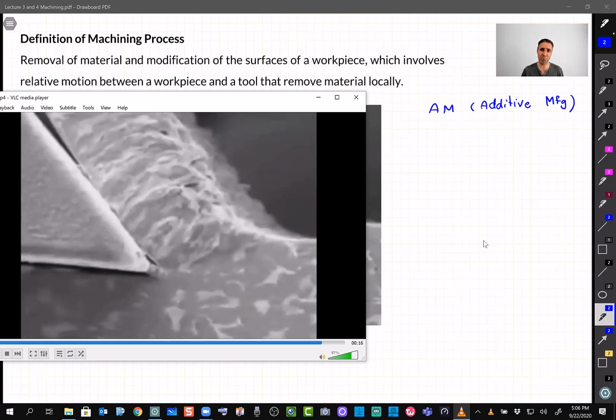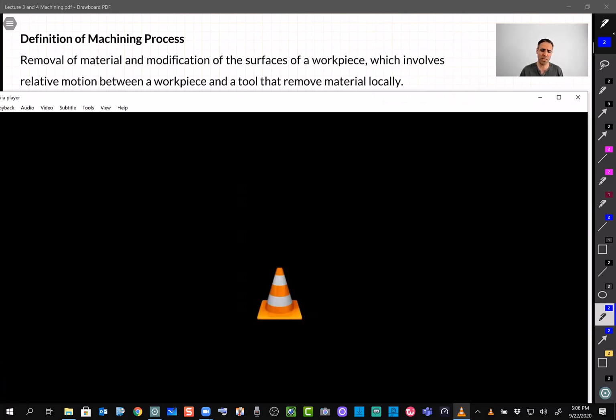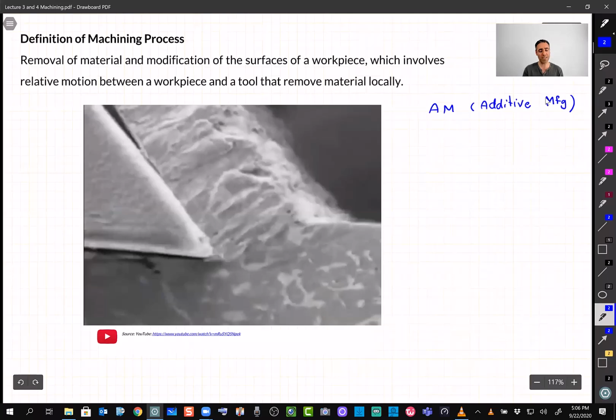This is metal, steel being removed. But the way this video shows it, we think it's maybe butter that has been removed. Anyway, in this picture, this is the workpiece, and this is our tool.